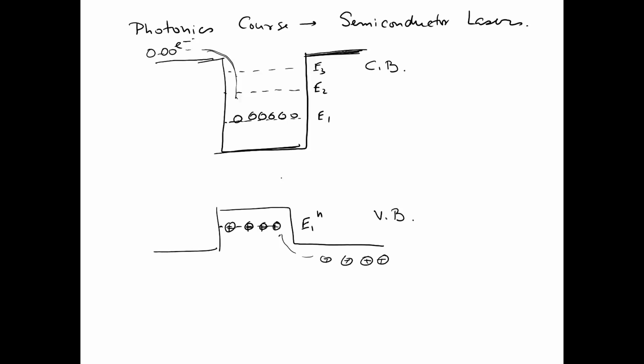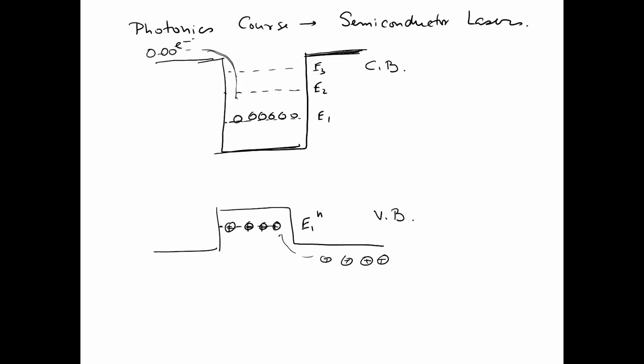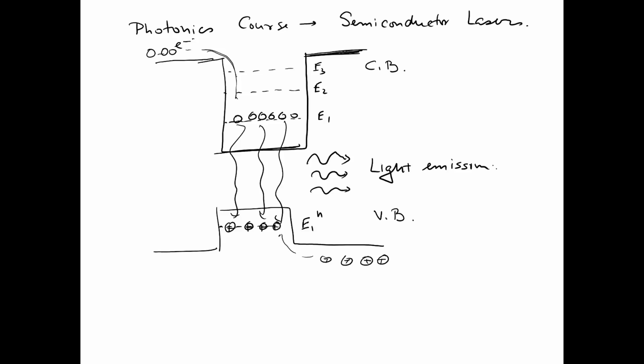And again, when the electrons see the holes, they want to recombine. So when they fall down and they recombine, then you emit light. I won't describe this whole thing through, but look forward to this. Semiconductor lasers have completely changed the way the world works today.